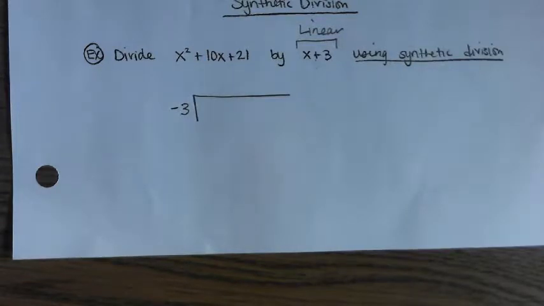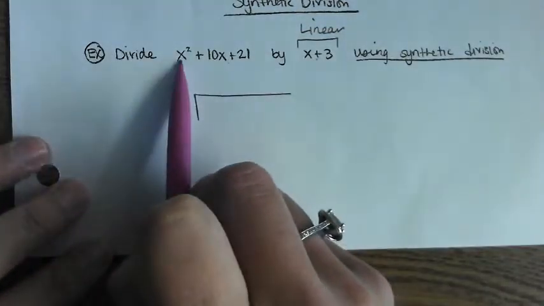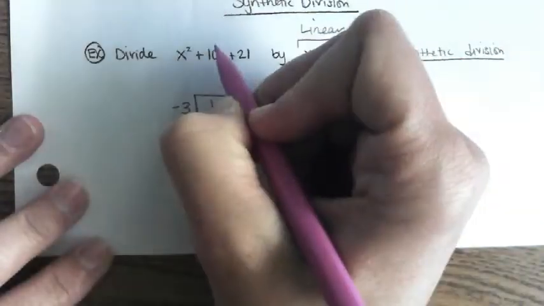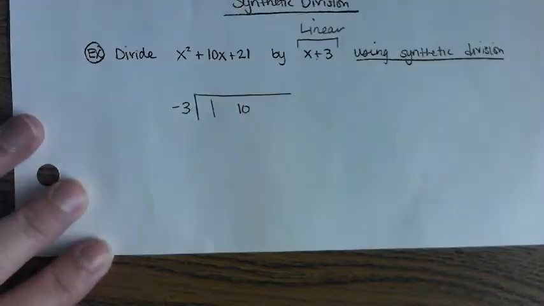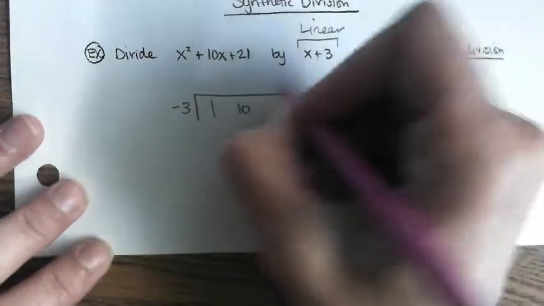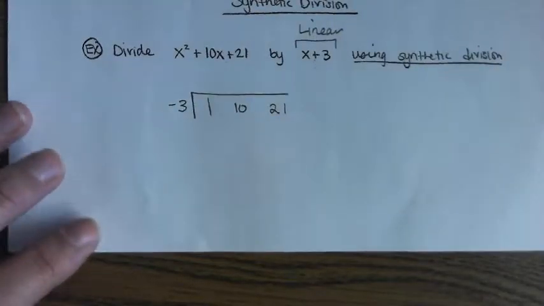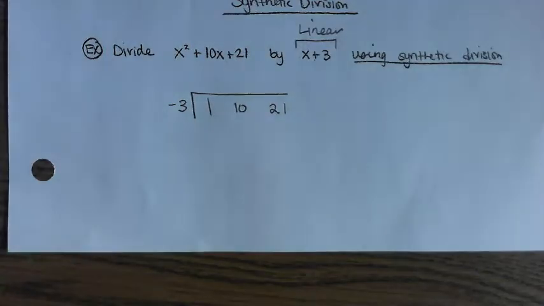And then for the dividend, we only pull the coefficients. So the 1 for the 1x squared, a 10 for the x, and a 21 for our constant. Okay, and that's kind of the setup.